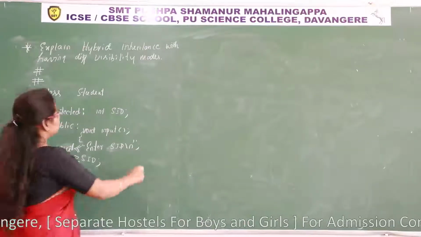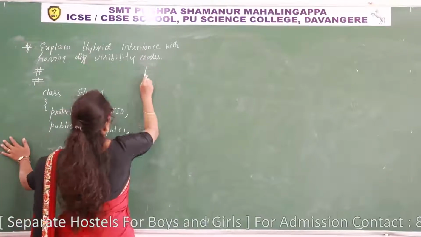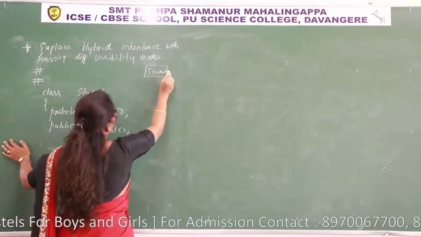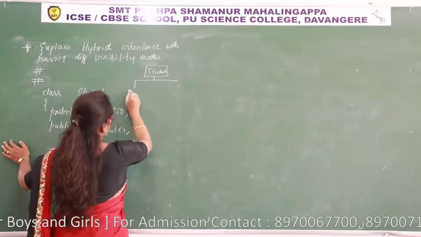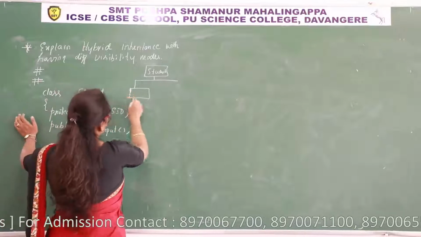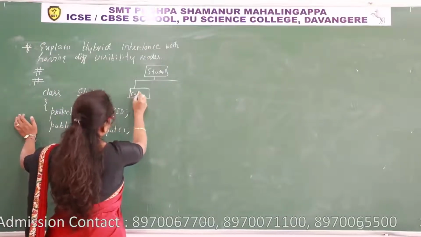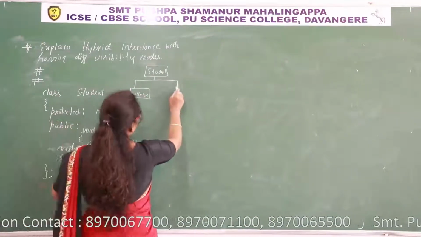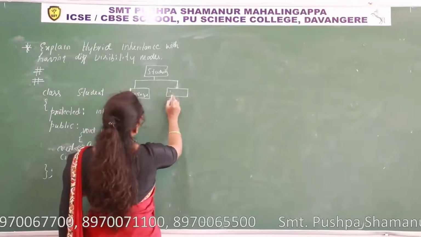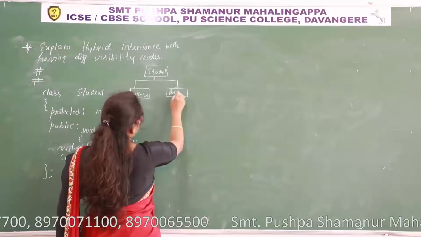So in the pictorial representation I'll show you first. This is a base class called student. This is college and this is address.